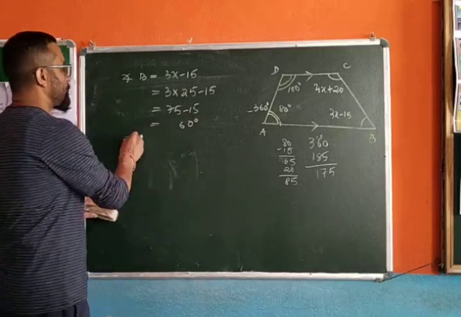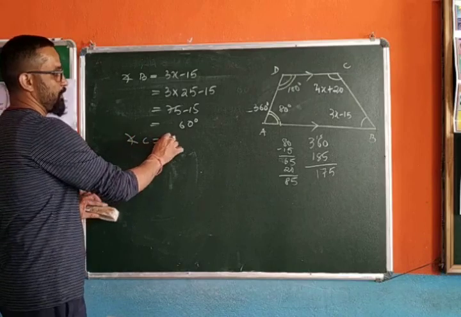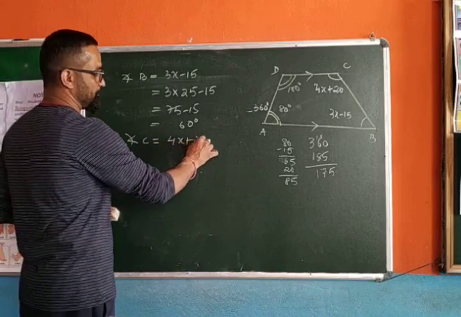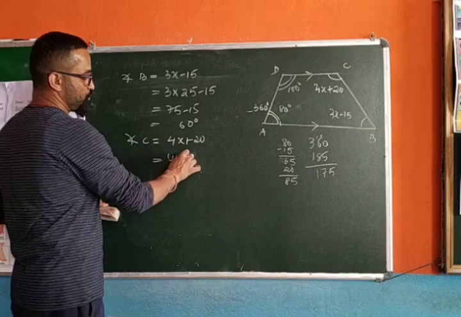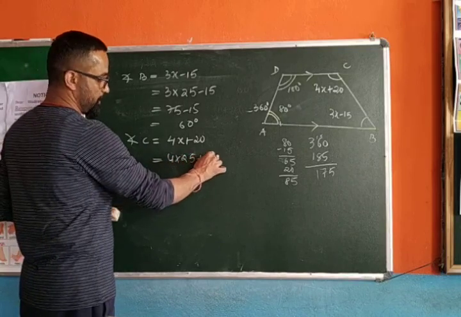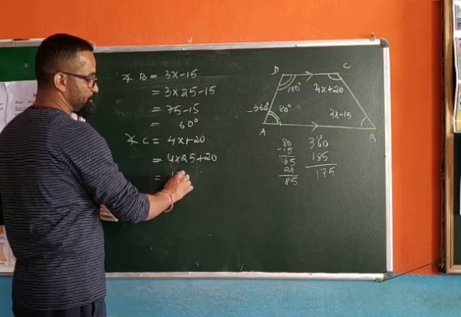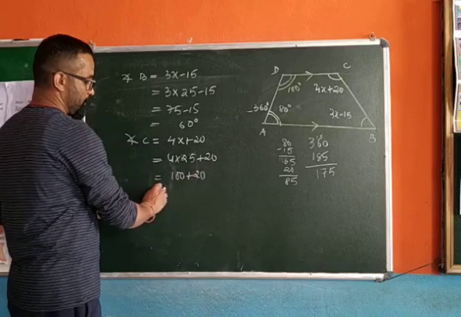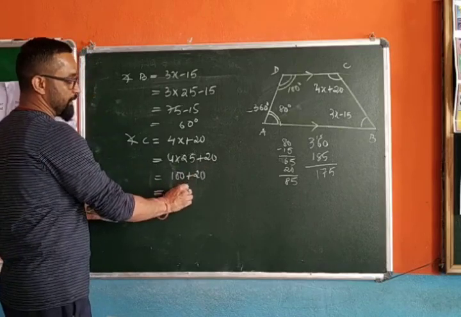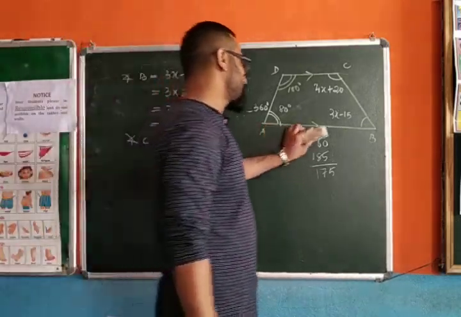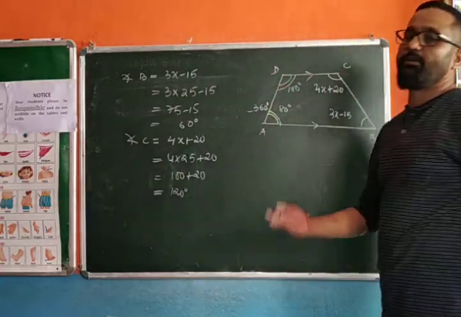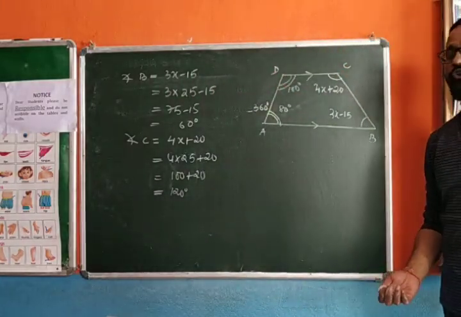Similarly, we can calculate angle C. It is 4x plus 20. 4 into 25 plus 20, which is equal to 100 plus 20. We get 120 degree. And once you know these angles, you can verify whether your answer is correct or not.